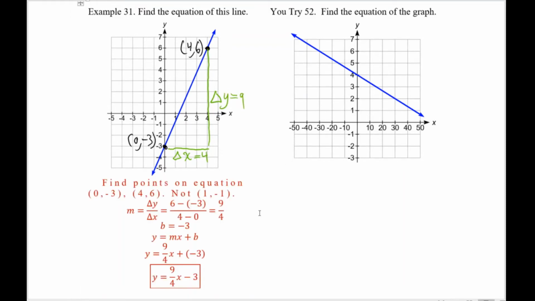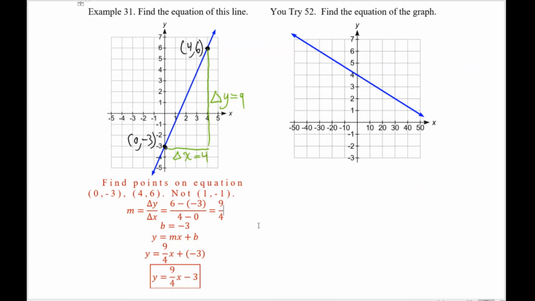Slope, m, equals change in y divided by change in x. Therefore, m equals 9 over 4. This y-intercept, 0, negative 3, tells me that b should be negative 3. And now I can use the formula y equals mx plus b and simplify to get y equals 9 over 4 times x minus 3.